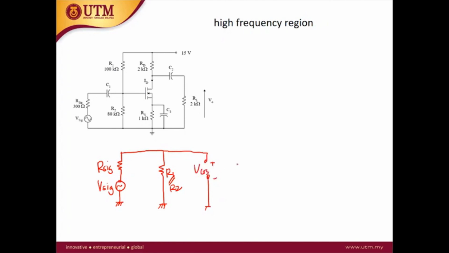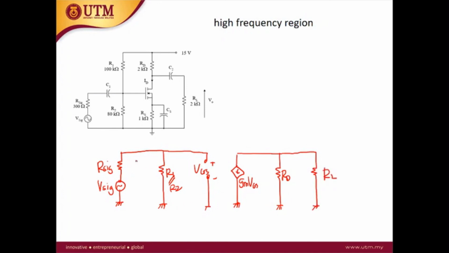This is your VGS. This is RD. This is your RL. Okay, this is the mid band.